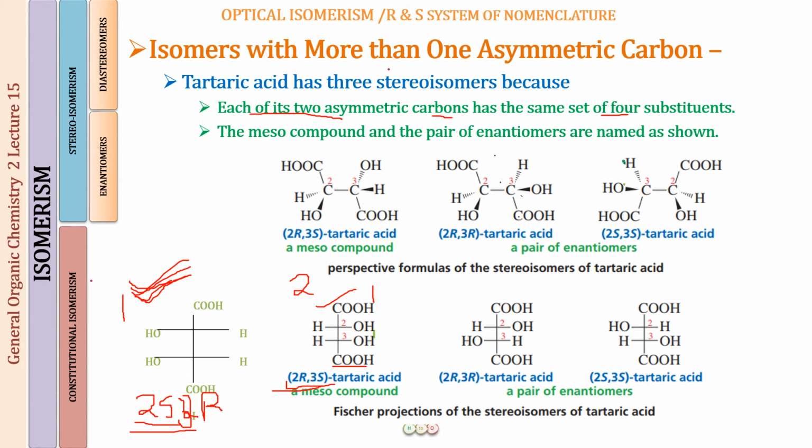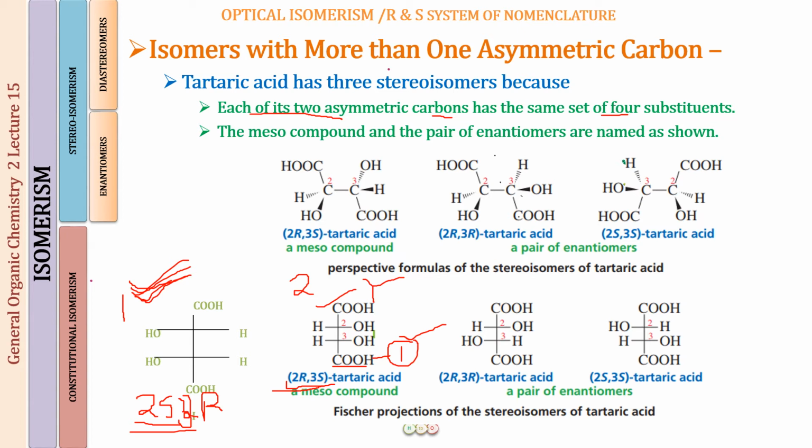But well, you can number this compound from this side also, because that is also going to give you the same name. Okay, so if I start from this side, it is going to be 2,3-dihydroxybutane-1,4-dioic acid, and if I start from this side also, then it is also going to be 2,3-dihydroxybutane-1,4-dioic acid.